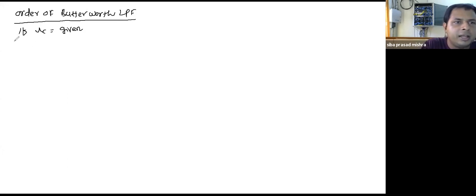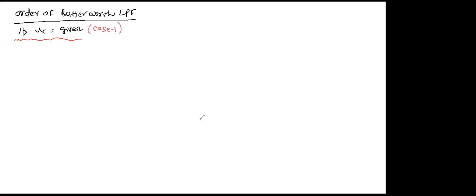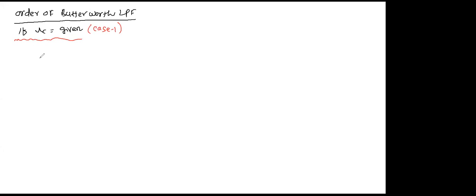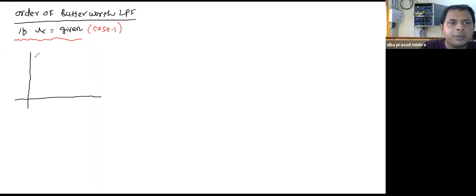This is case one, omega_c is given. Now see, this is the low pass filter, and this omega_c is given.